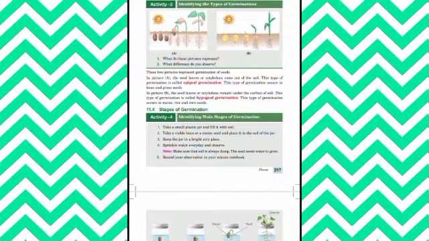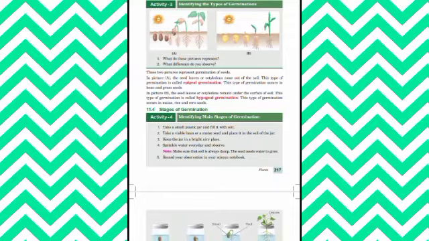This type occurs in bean and gram seeds. Do you know beans? Beans are a good example of epigeal germination.